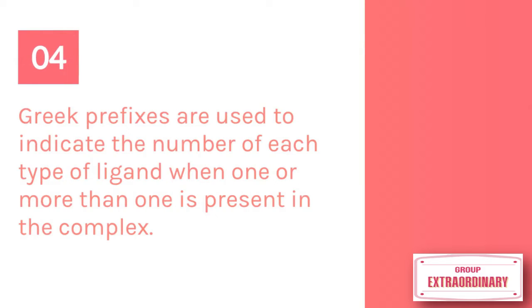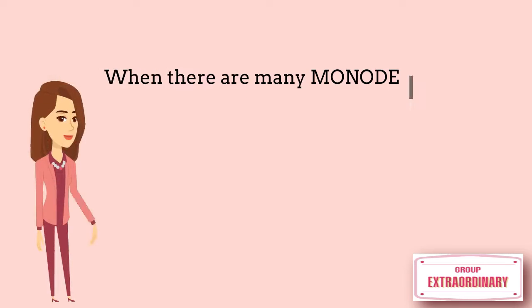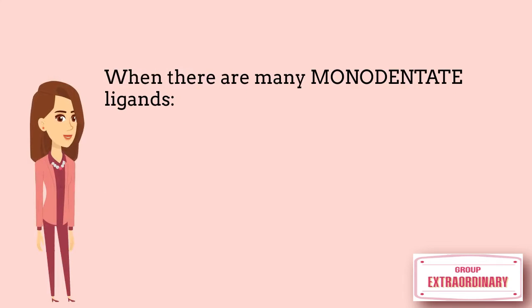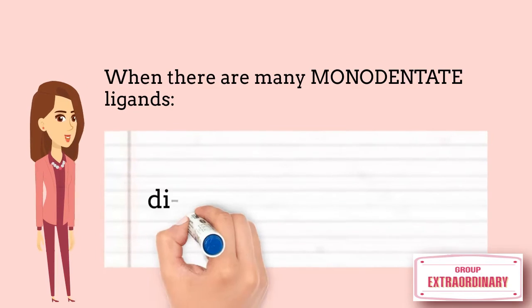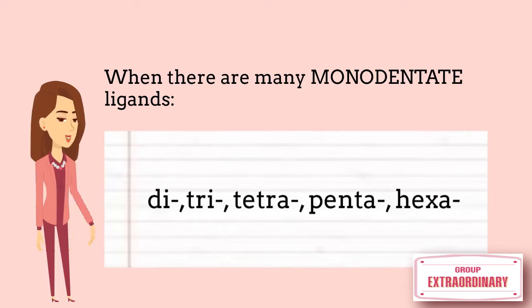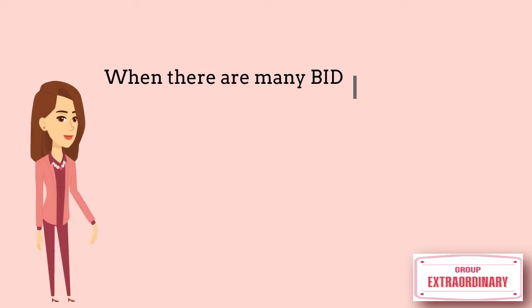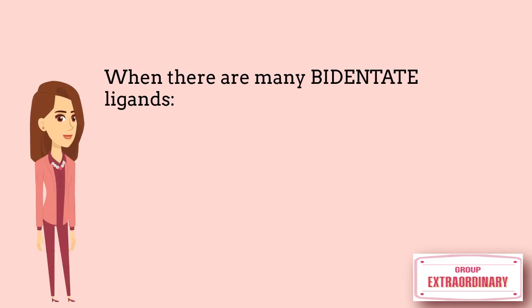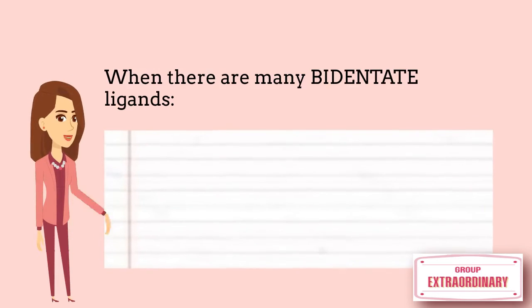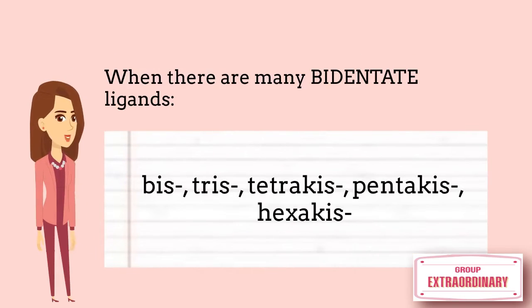Rule number 4. When there are many monodentate ligands present in the coordination compound, the prefixes that give the number of ligands are di, tri, tetra, penta, and hexa. Meanwhile, when there are many bidentate ligands attached to the central metal ion, the prefixes are of the form bis, tris, tetrakis, pentakis, and hexakis.